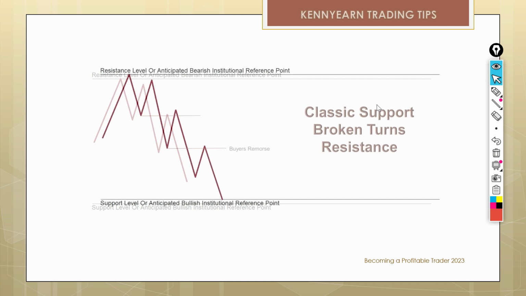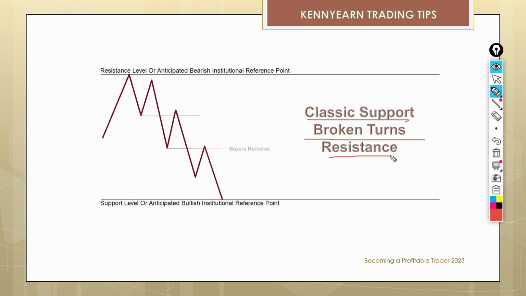It's like classic support broken, turning to resistance. So here, the market broke the low, retraces, we test lower low, lower high formation, and you can be adding sellers or you can be selling there. And this is for a bearish market structure.